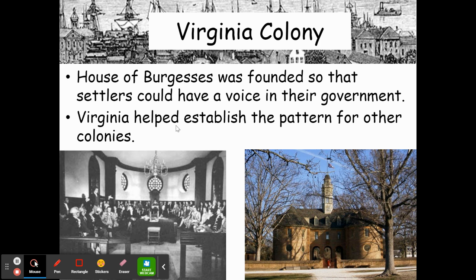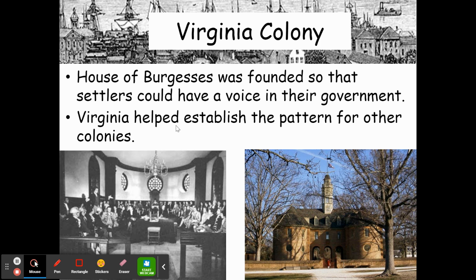Virginia colony. The House of Burgesses was founded so that settlers could have a voice in their government, and Virginia helped establish the pattern for other colonies. So, from the very beginning, Americans had started to establish a system and a tradition of what we call self-government.